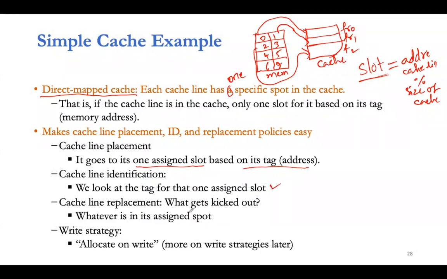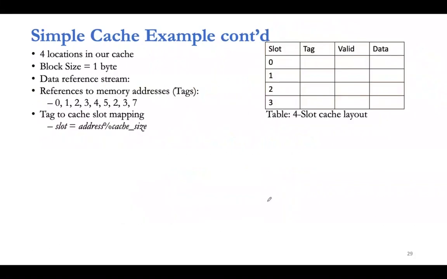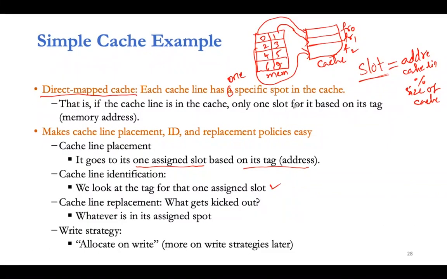For the cache replacement policy, whatever is in its dedicated slot, if any other cache lines are there, they are simply kicked out. The write strategies, such as allocate on write, we will discuss later when this topic comes.